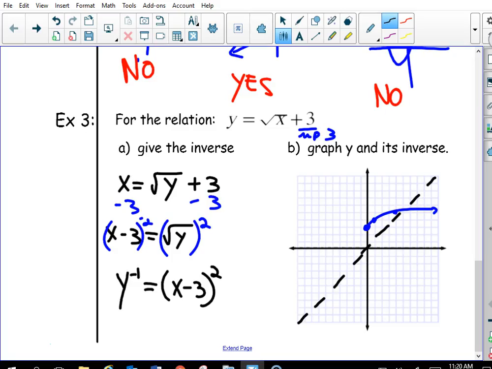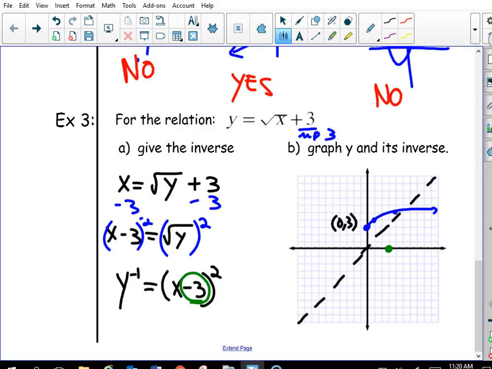Let's start with the first point at 0, 3. And graphing the inverse, we'll have a point at 3, 0.